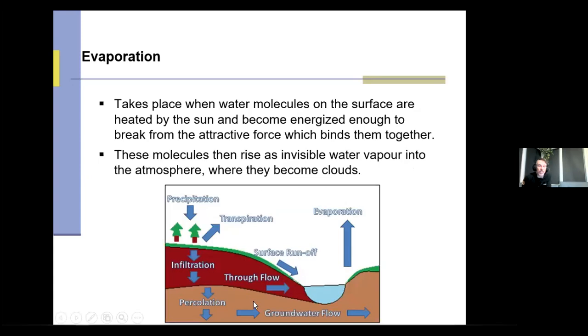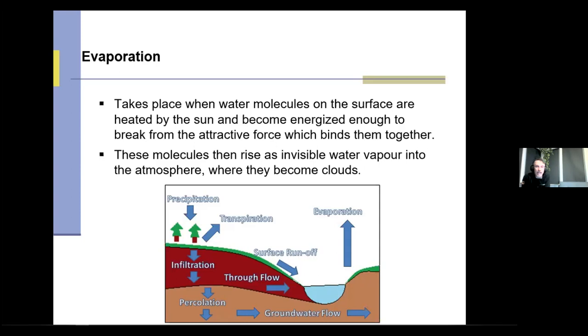Again, here's another good example with the picture. Here you can see the runoff into infiltration and the percolation. And that's your evaporation. This body of water we see right here, the sun shines on it, the molecules are heated by the sun, they turn into a vapor, up they go, right?